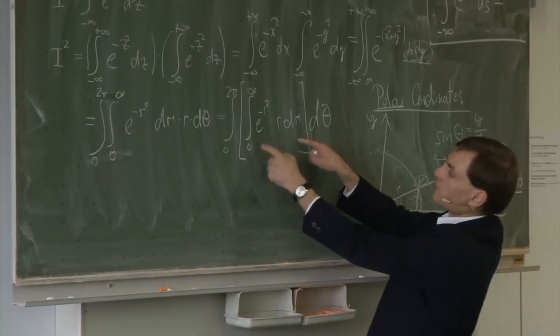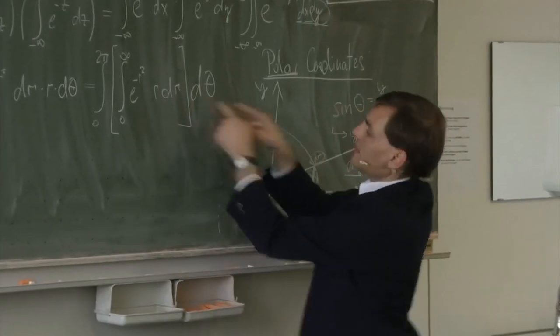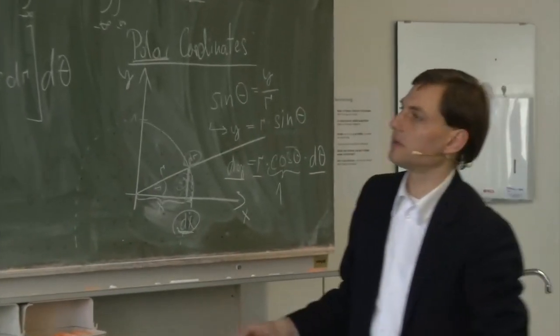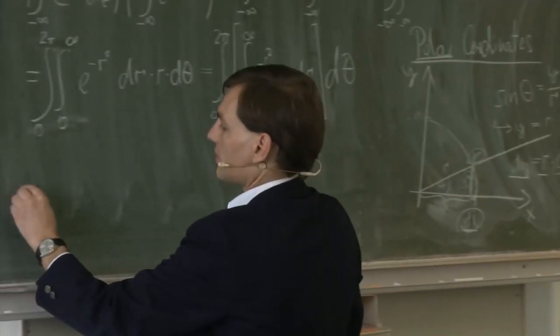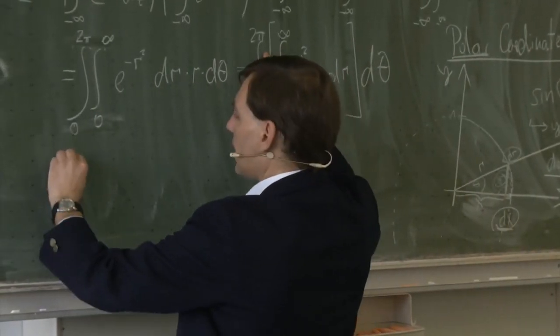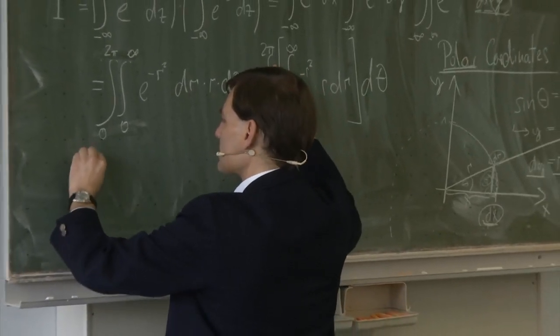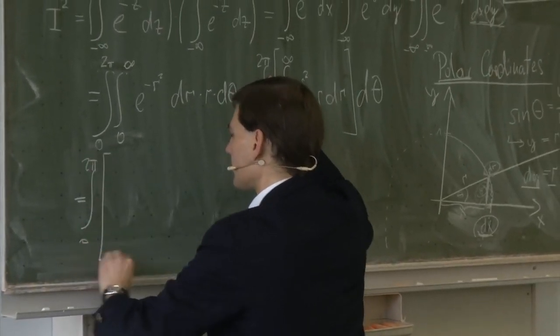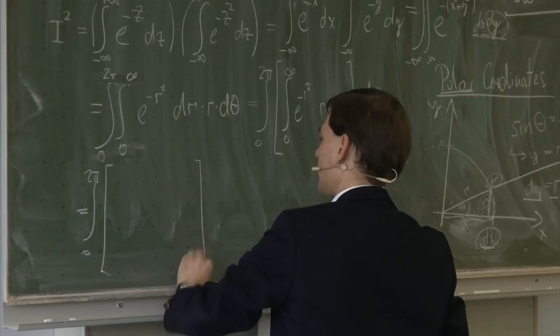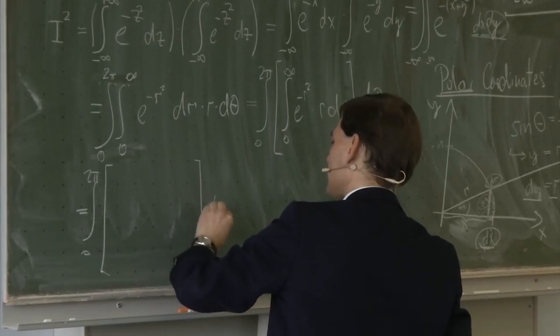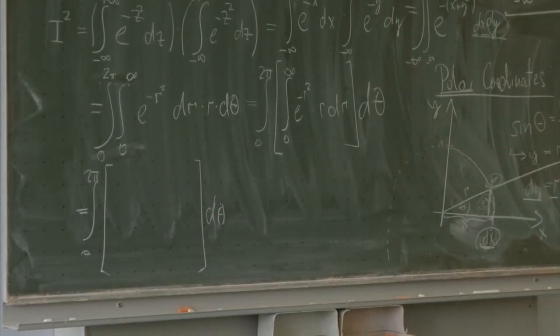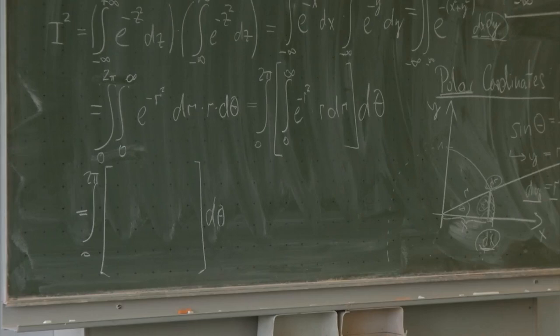First, we have to find the inside integral, and then we do the outside integral. Okay, so outside, we just write it, but we have to care first about the inside. Okay, take a look at the inside integral.